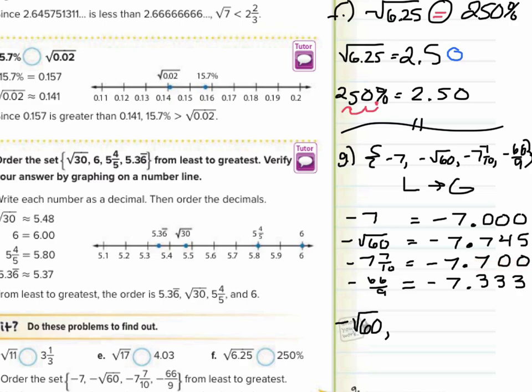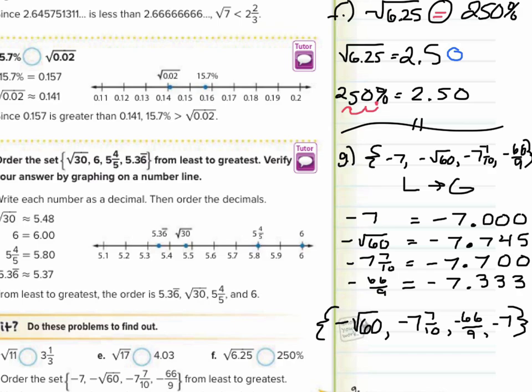So -7 7/10. Then we have our 333. So -66/9. And then lastly, zeros, so just -7. And so that's our answer. The negative square root of 60, -7 7/10, -66/9, and -7.